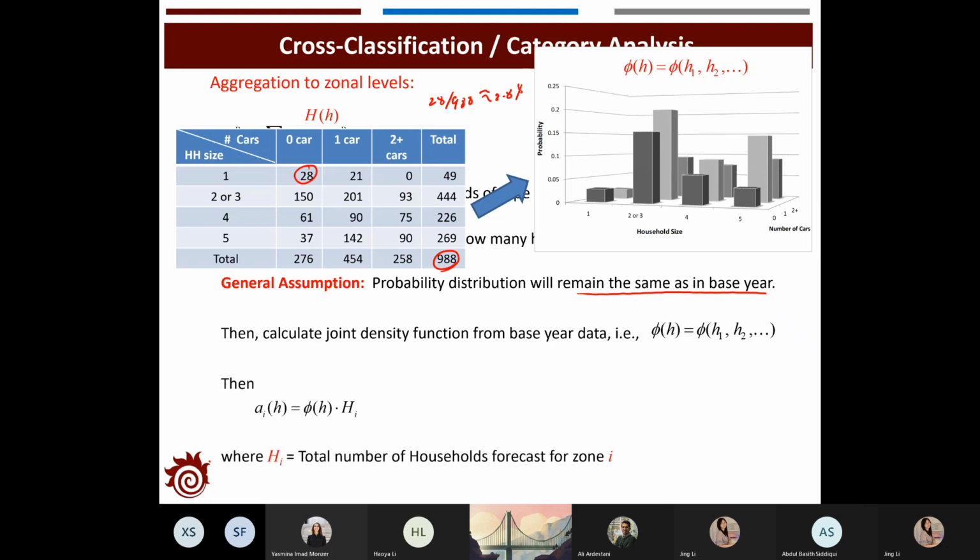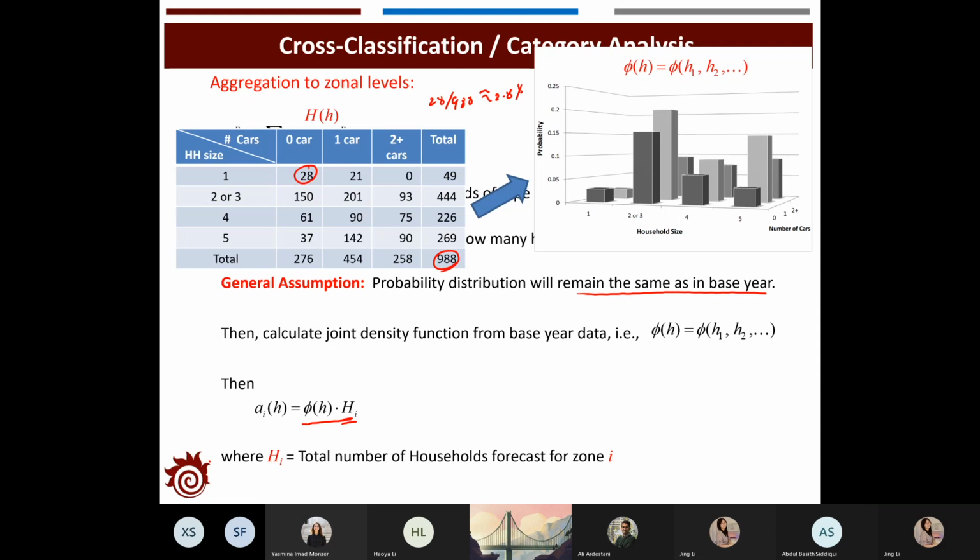And then if we say that the total population of the zone i increased to Hi in the future year 2030, then we can still use this kind of distribution to calculate the number of households in 2030.